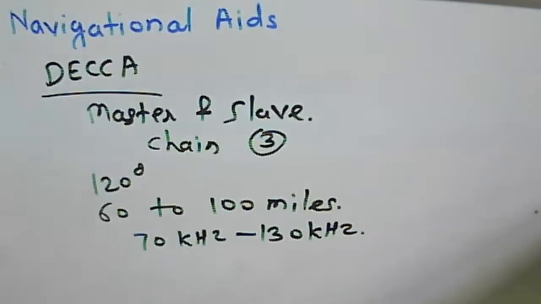Each station in the chain has one transmitter, and it normally transmits an unmodulated, phase-stable carrier wave. These carrier waves are all harmonically related to an internal station reference frequency, which is about 14.2 kilohertz.